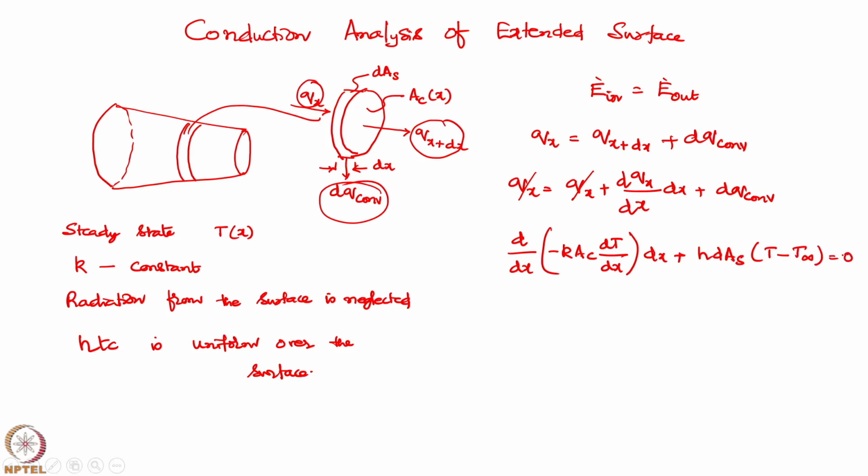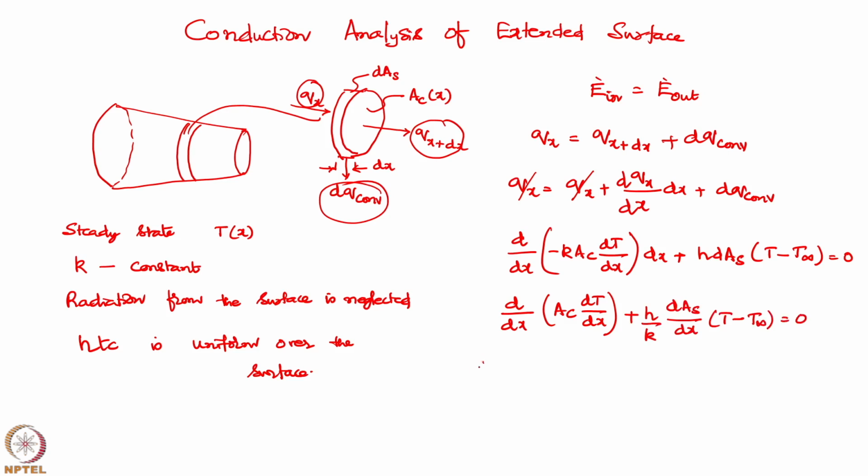So if I expand this, and if k is constant, I can pull it out, k into Ac into dT by dx, and I am dividing by k Ac dx, plus h by k dAs by dx into T minus T infinity equals 0.